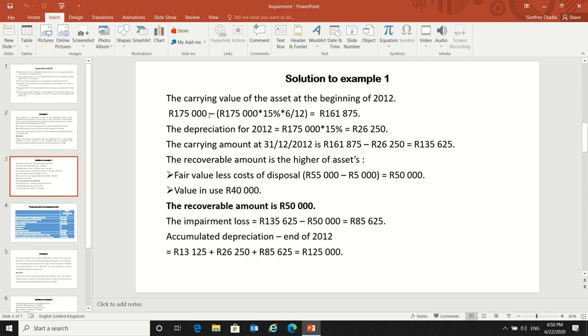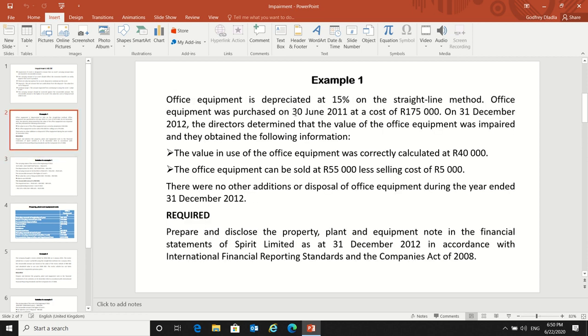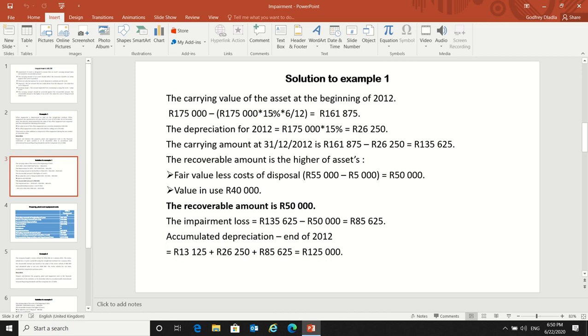So this amount is 175,000. Right. For the first year, when it was bought, remember it was bought in June here. You can see here 30 June 2011, it's 175,000. Right. So for the first year, this was the carrying amount: cost minus the depreciation for 6 months, the carrying amount is 161,875.